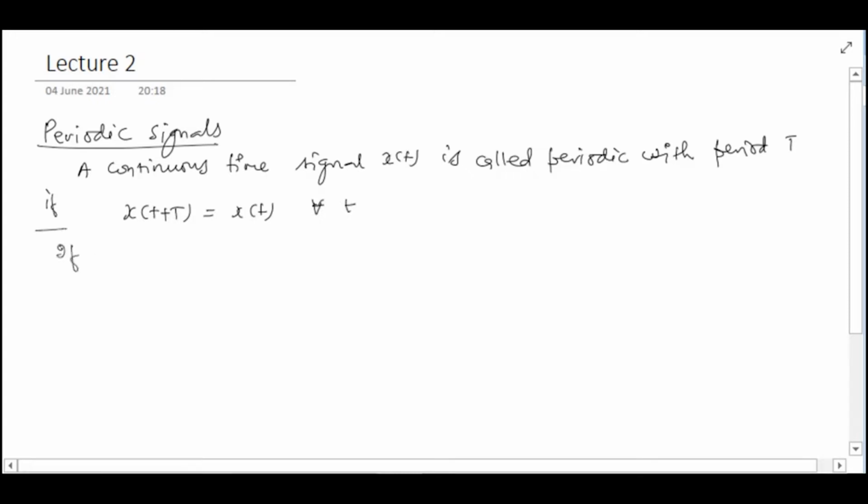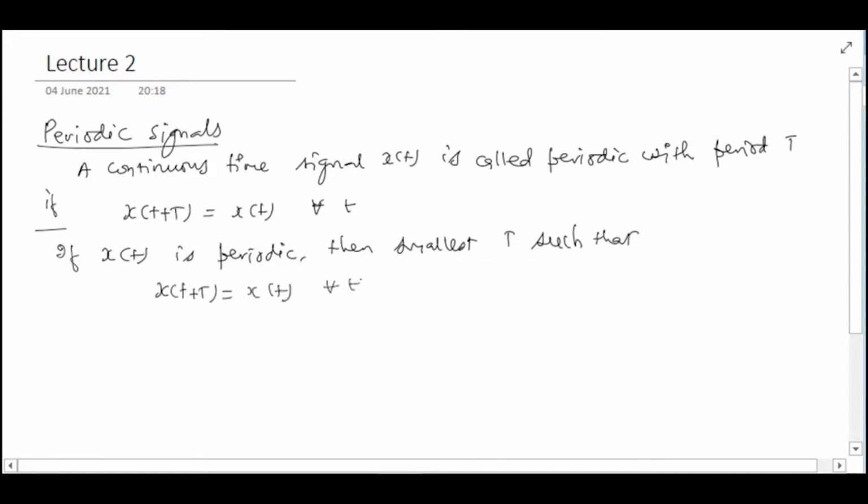Moreover, if x(t) is periodic, then the smallest T such that the above equation holds, that is x(t + T) is equal to x(t) for all t, is called the fundamental period of x.